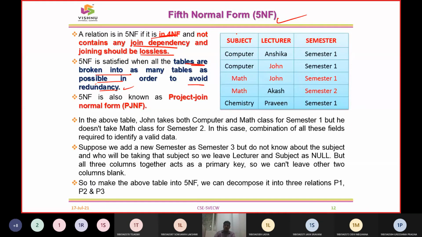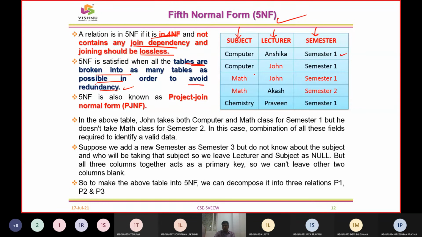Now here is an example that we are going to take up: subjects, lecturers and semesters. In this model, we have the subject as computers, the lecturer as Anishka, and the semester given as semester 1.